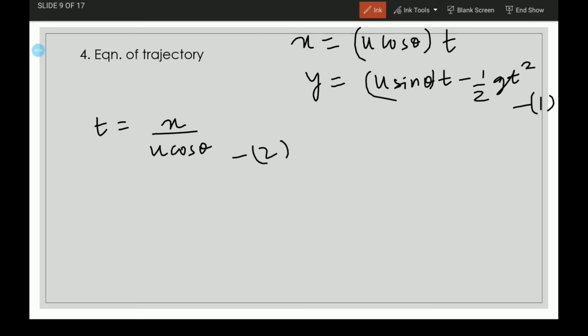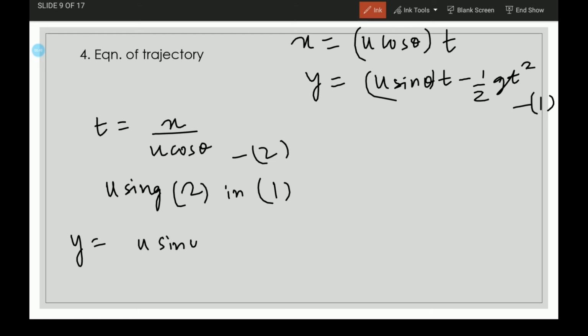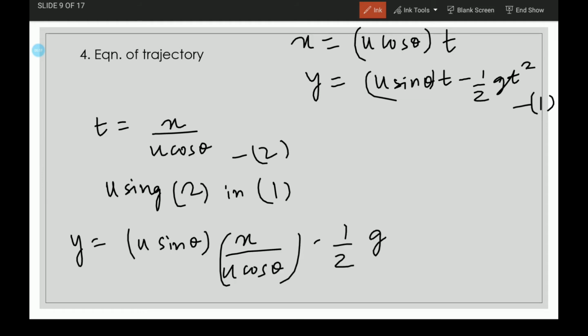Let this be equation 1, this be equation 2. Now using 2, I can say that y is equal to u sin theta into x upon u cos theta minus half g into x upon u cos theta whole squared.